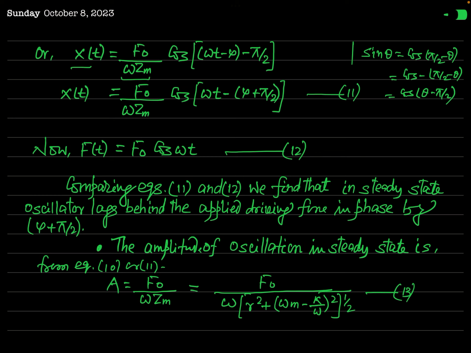So cos pi by 2 minus theta is also equal to cos minus pi by 2 minus theta, which is equal to cos theta minus pi by 2.